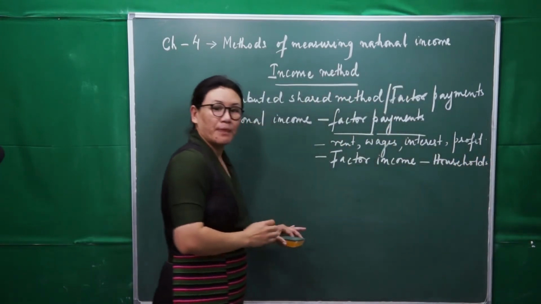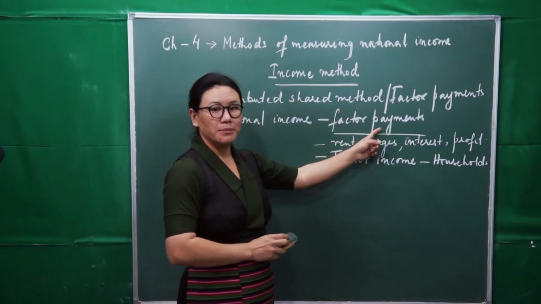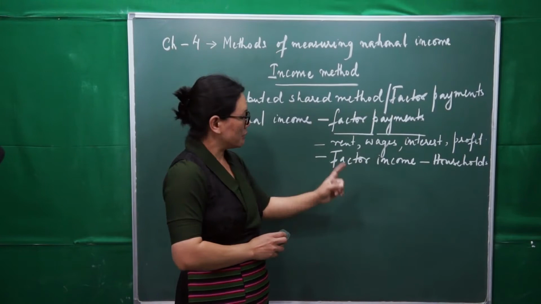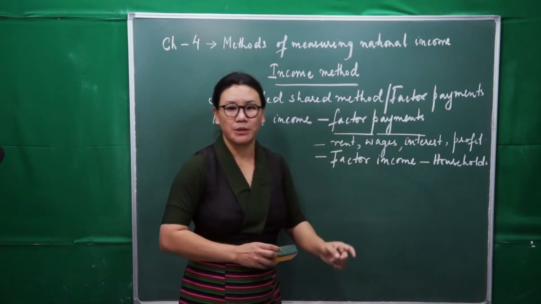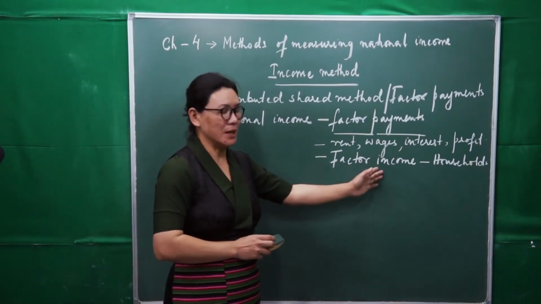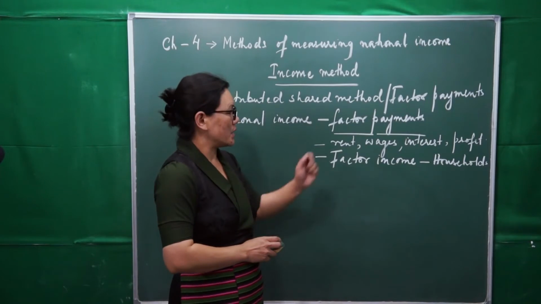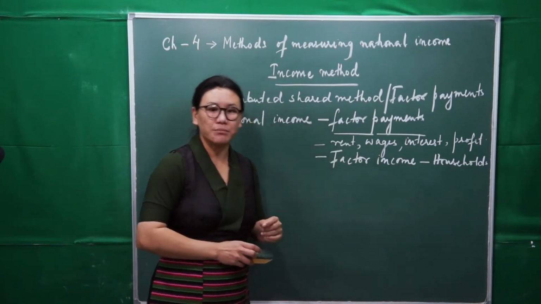So factor payments are made by the producer, and factor income is received by the household. And this factor payment, or factor income, is nothing but rent, wages, interest, and profit.